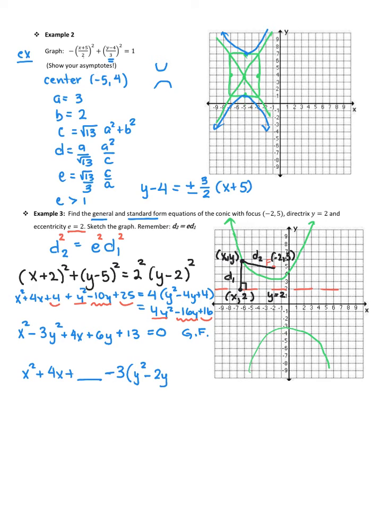That's the tricky part of the hyperbolas, because you factored out a negative. You have to remember when you distribute it back through, so it changes that sign. But I'm still going to add something to both sides, and this will equal a negative 13 plus blank minus 3 times blank. So I have the same thing happening to both sides.